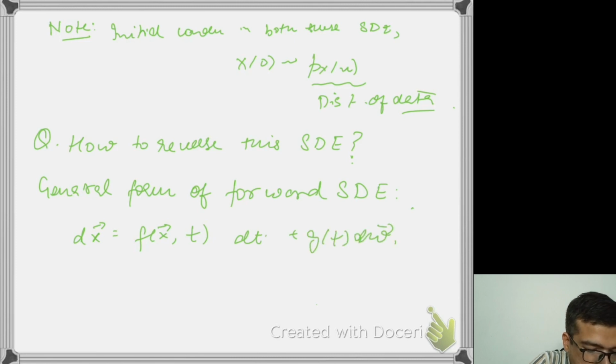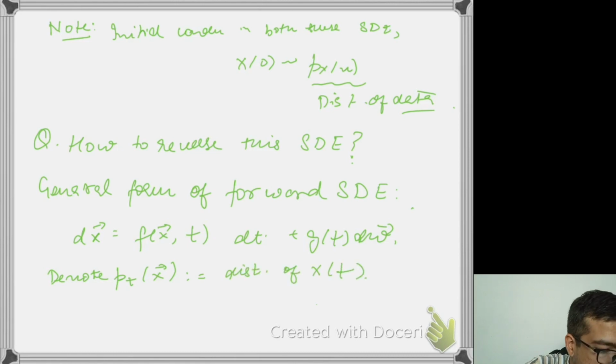Okay, so in general, this is the diffusion process or forward SDE. Now we define p t of x as the distribution of x t.